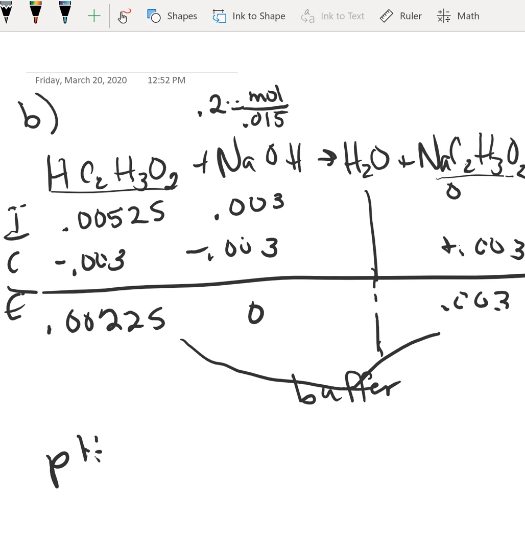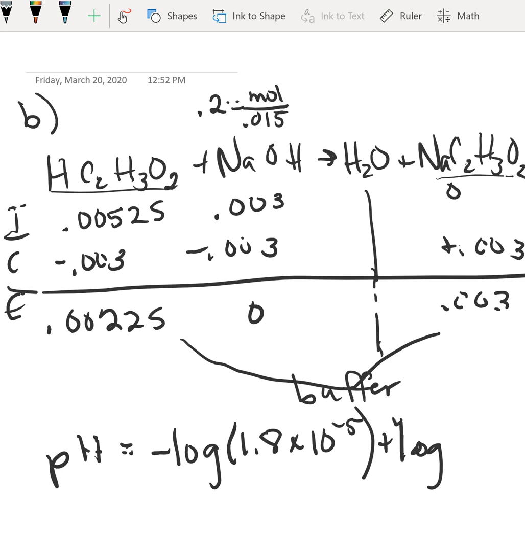So pH is pKa, so negative log of my Ka. This is going to be the same Ka that I just used in part A, plus the log of my conjugate base over acid, and I can put my moles in here, 0.003 over 0.00225.